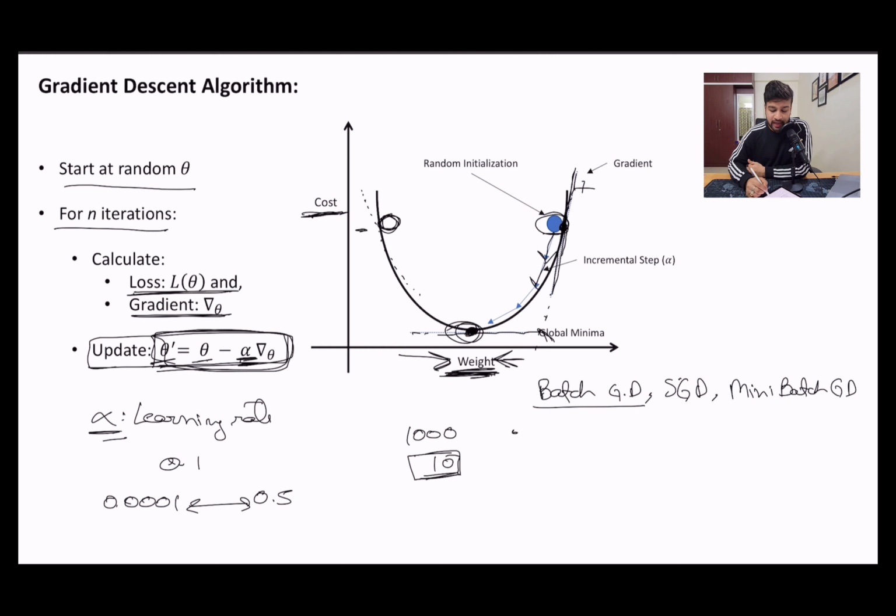It will calculate the gradient, or basically the delta with respect to the loss function, for all the training samples in that batch. It will take the average of those and use that average to come up with the new parameter value.